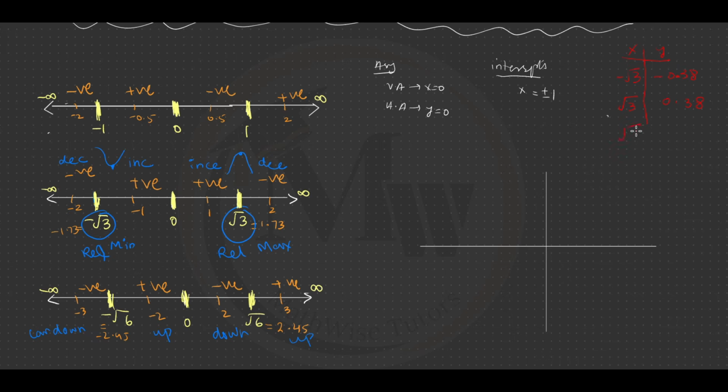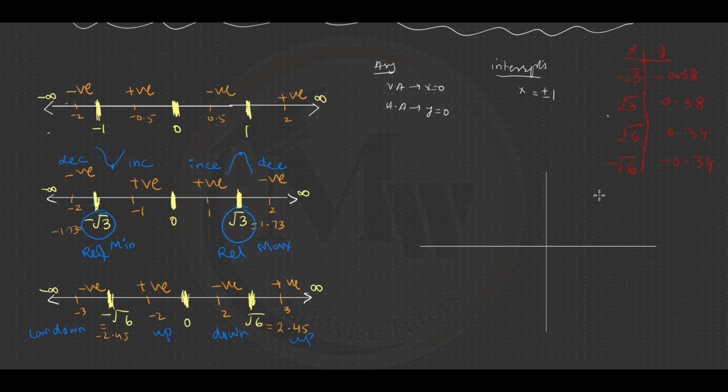When it is square root of 6, which is 2.45, at these points the function value is 0.34, and when it is negative square root of 6, the function value is negative 0.34. Because these are the critical points and points of inflection, that's why we have to plug them into the function to find what the y values are.